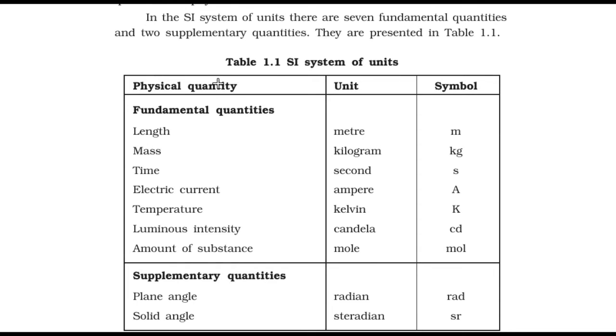These are, as shown in the figure, physical quantities. We have 7 types of fundamental quantities. First one is length. Length's unit is meter and symbolic representation is m. Mass, unit is kilogram and symbolic representation is kg.